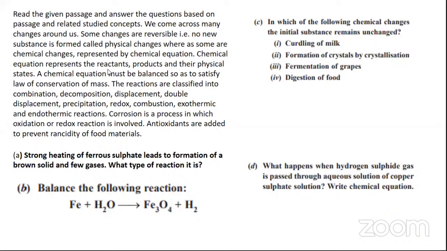A chemical equation represents the reactants, products, and their physical states. A chemical equation must be balanced so as to satisfy the law of conservation of mass. The reactions are classified into combination, decomposition, displacement, double displacement, precipitation, redox, combustion, exothermic and endothermic reactions. And then it says that corrosion is a process in which the oxidation or redox reaction is involved. Antioxidants are added to prevent the rancidity of food materials.